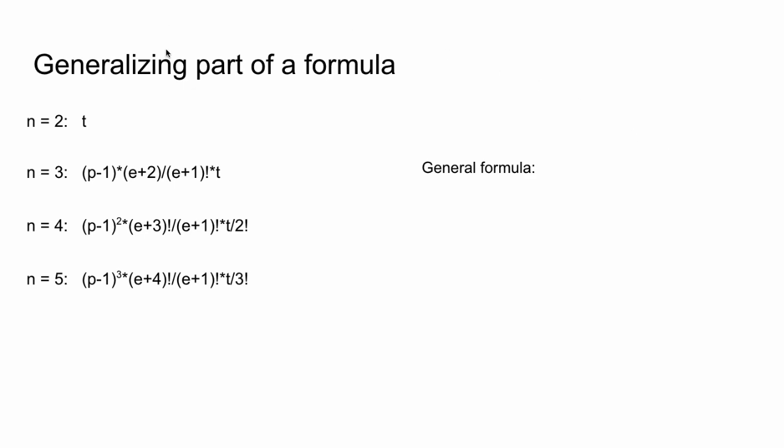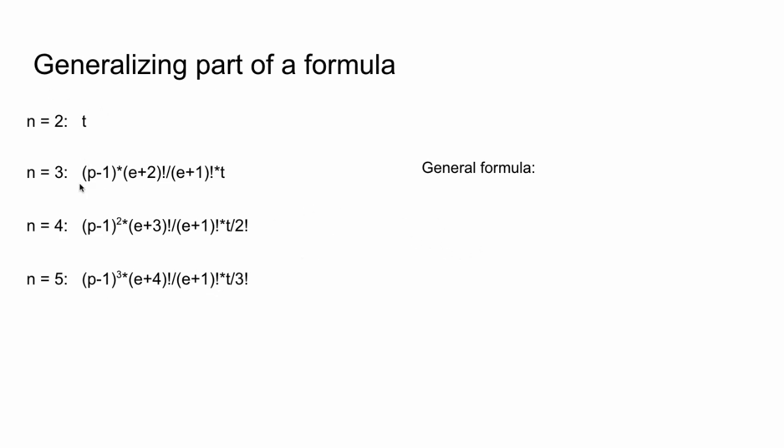So generalizing the first part of the formula, what I'm seeing here is that the number of times p minus 1 is showing up is increasing by 1 each time, and the number of times p minus 1 is, in this formula, always 2 less than n.